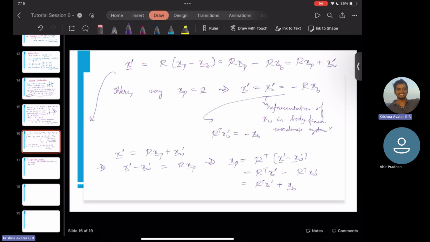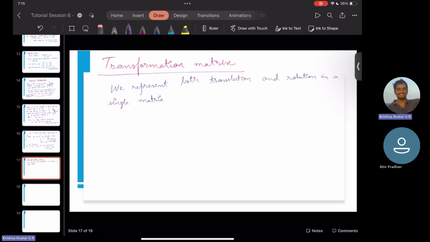Going back, we had this expression here. So for a generic point vector x, we could write x prime vector is equal to R x vector plus xw prime vector.